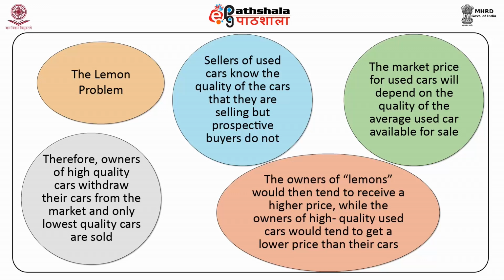Sellers of the now above average quality cars withdraw their cars from the market, further reducing the quality and price of the remaining used cars offered for sale. This process continues until only the lowest quality cars are sold in the market at the appropriate very low price. Thus, the end result is that low quality cars drive high quality cars out of the market.